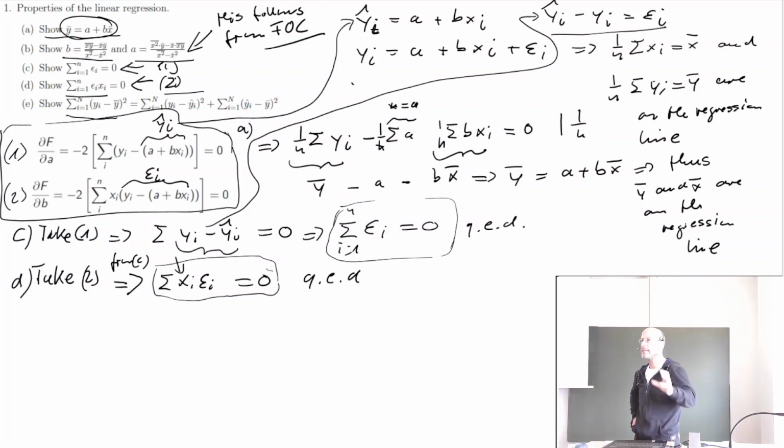And remember, this property we have used when we interpreted our correlation coefficient, where this can be interpreted just as the percentage of the explained variance in the total variance.